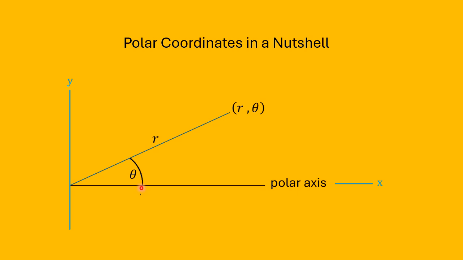If it's a positive angle, we will start at the polar axis and go counterclockwise to measure that angle, which will then give us the direction for the point we're seeking. If theta is a negative number, we will go clockwise from the polar axis down this way. So r can be positive, negative, or 0, and theta can also be positive or negative or 0.